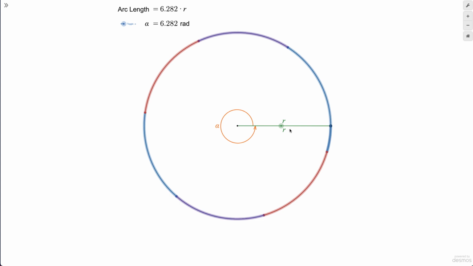So the full circumference of the circle would be 2 pi radius lengths, which is approximately 6.28. Okay. So that tells you that the angle measure of one full revolution is 2 pi, and the angle measure of a half a revolution is 1 pi.